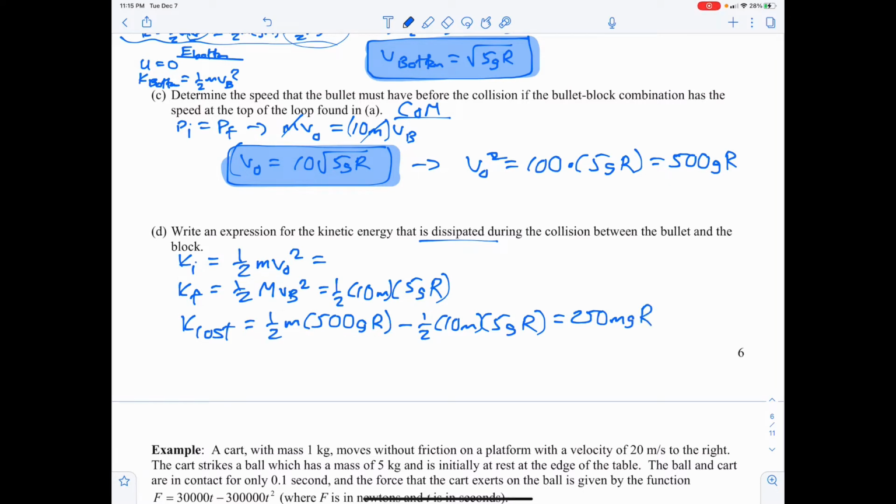And then we're going 1/2 of 10 is 5 times 5 would be 25 mgr. And so the kinetic energy lost would be 250 minus 25, or 225 mgr.